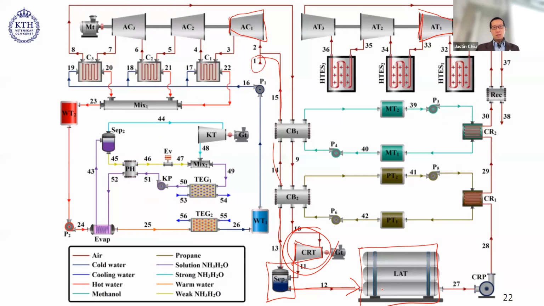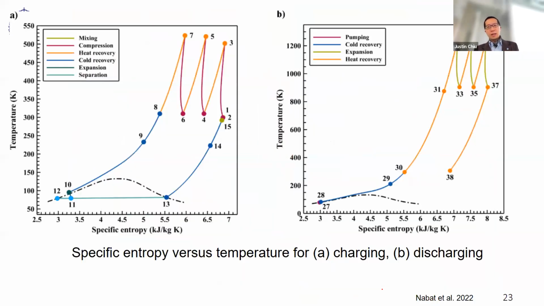The expansion then is the other way around. We go from, let's say, over here, liquid air, we heat it up, or we use the recuperated heat to heat it up, and then we expand it. So then we get all this expansion energy.